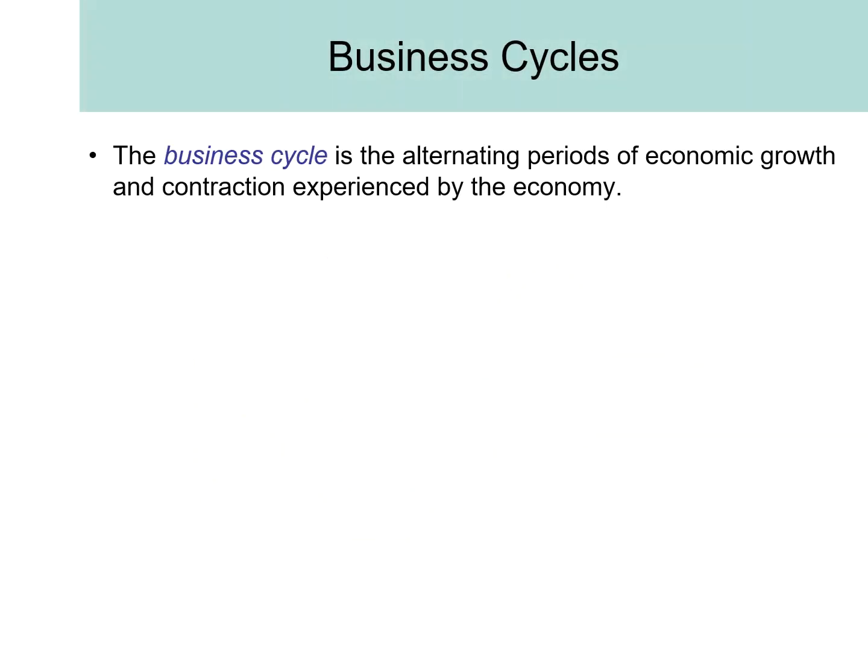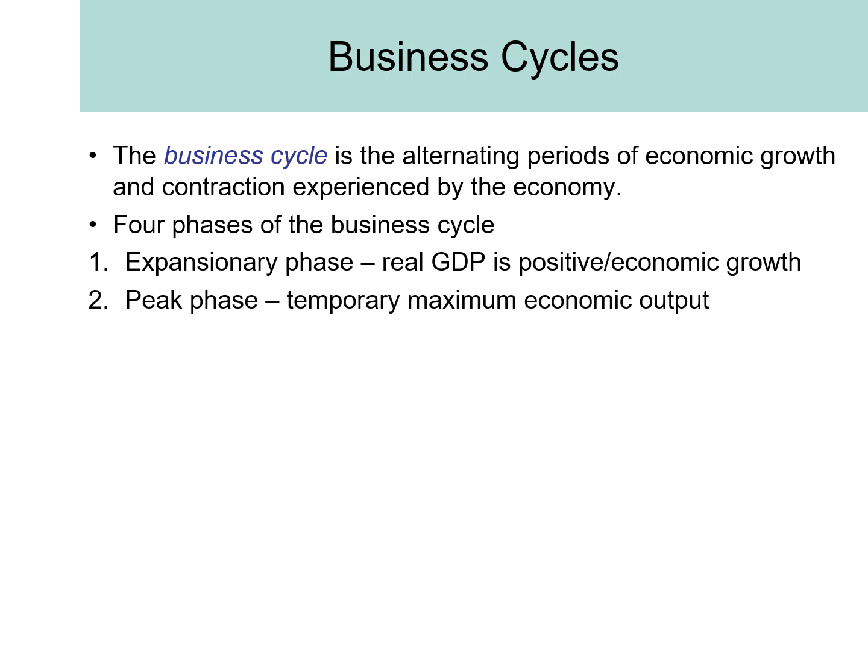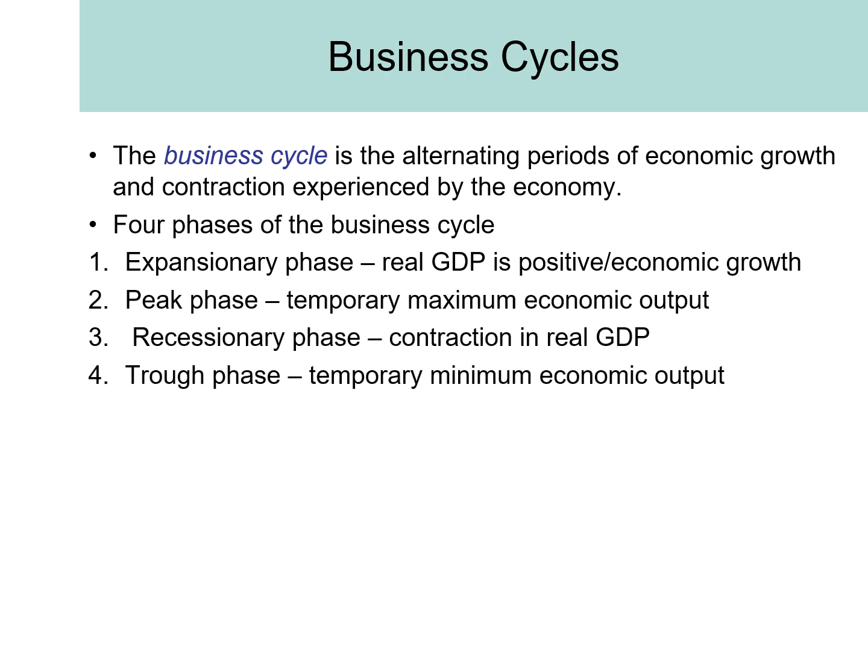Against the backdrop of long-run economic growth, the economy experiences fluctuations in aggregate output. There are these alternating periods of economic growth and contraction that plague the economy. There are 4 phases of the business cycle.